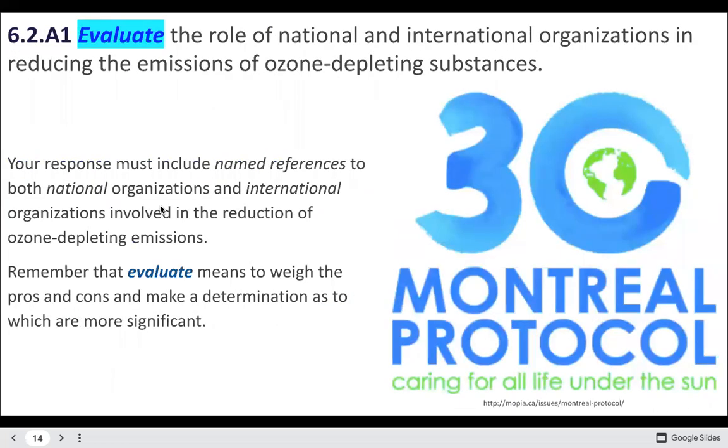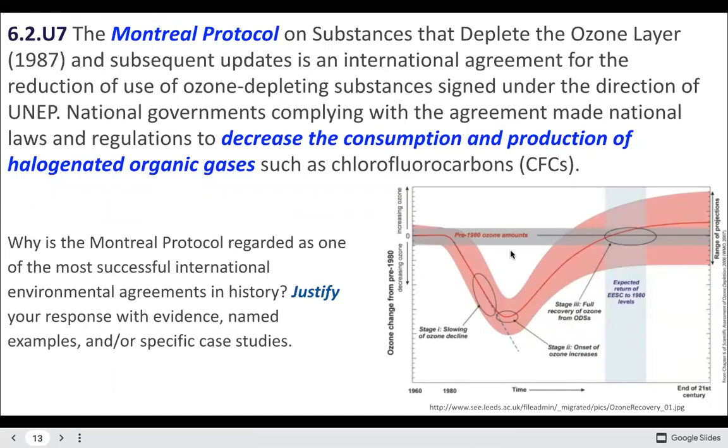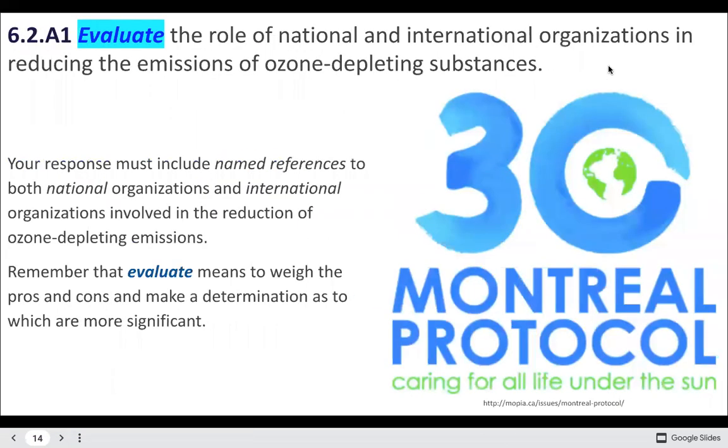So some examples of questions or skills you might need to have could be like evaluating the role of national and international organizations in reducing the emissions of ozone depleting substances. So the Montreal Protocol did have a large decrease in ODS, ozone depleting substances, but there's also still a lot of illegal use.